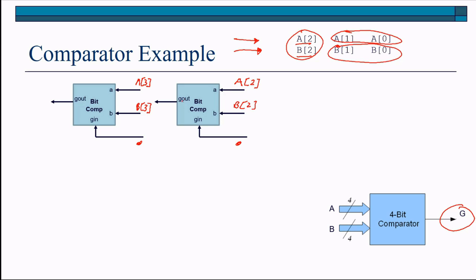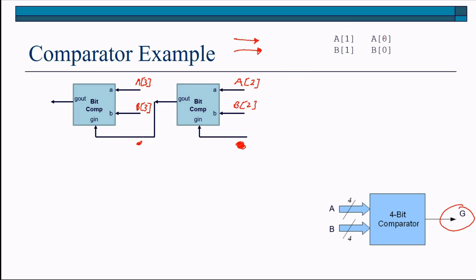Now the output, Gout, is the result that we get when we compare the 3 bits here with these 3 bits. And that Gout can be used to feed the GN of our first bit comparator. We still need to obtain a GN for our second bit comparator, and we can do that in a similar way.